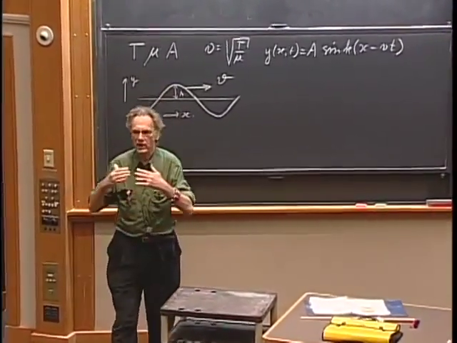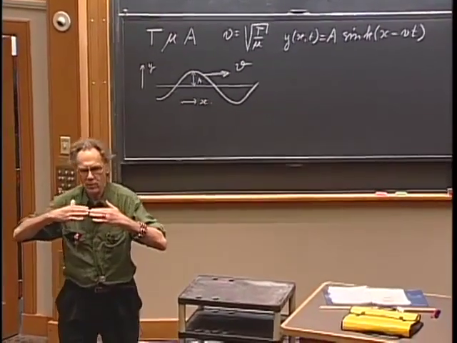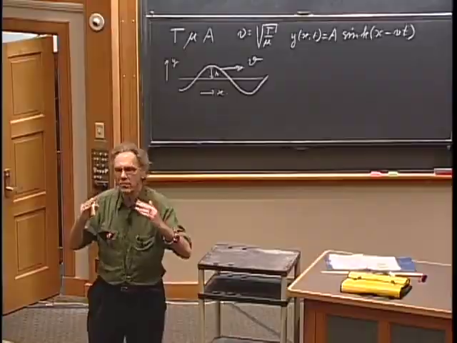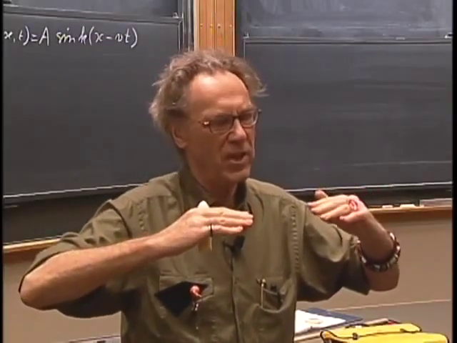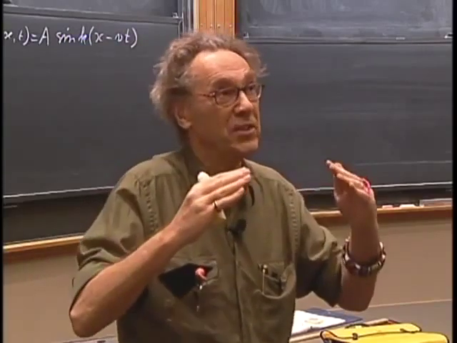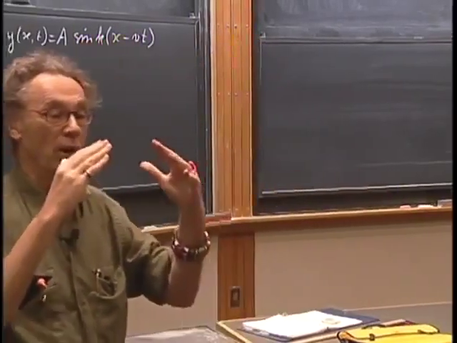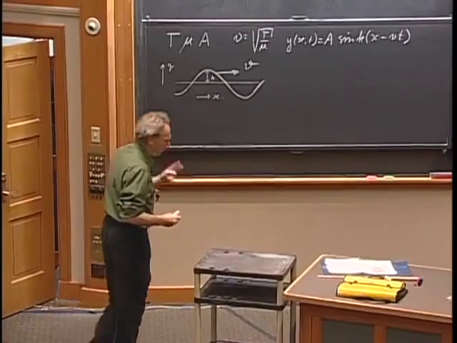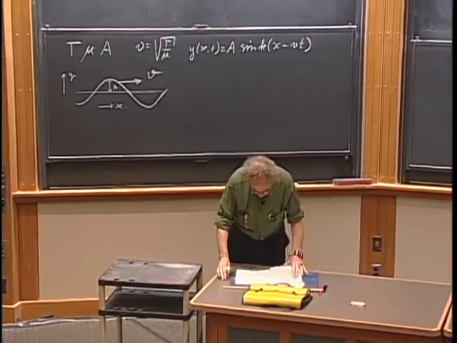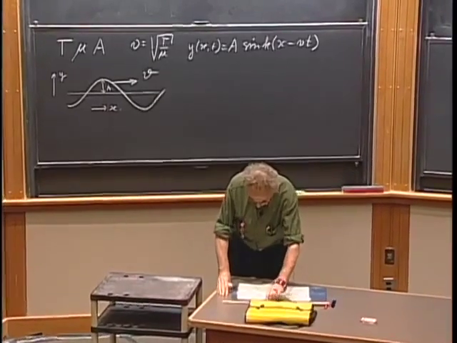There is potential energy due to the fact that I have to give this straight string a shape. And in order to give it that shape, I have to do work. There is a tension, and I have to stretch the string. That's why I have to do work to give it that shape. So it comes in two parts. And I will only do the kinetic energy part, and I will leave you with the potential energy part.